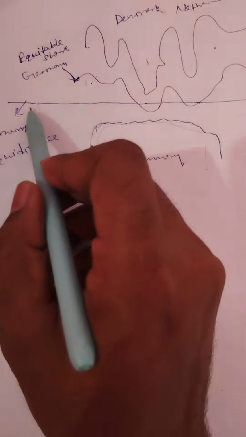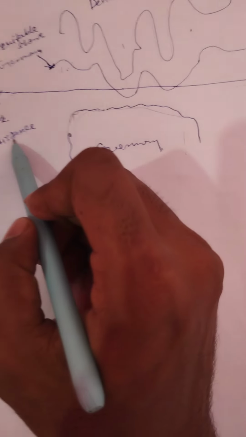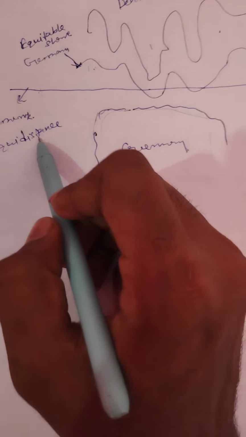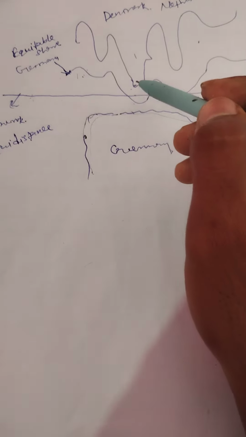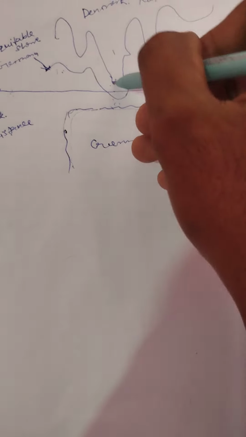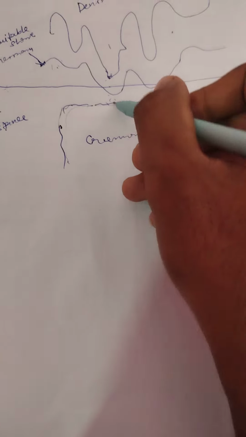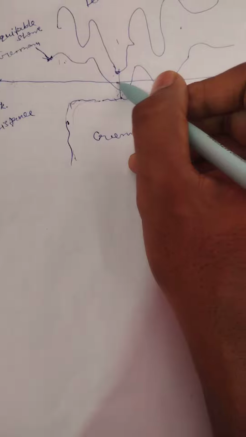The equidistance principle says to draw the line between the nearest points of the two countries. This is the last point of Denmark and this is the last point of Germany. Then divide at equal distance. It would be the line of the equidistance formula.